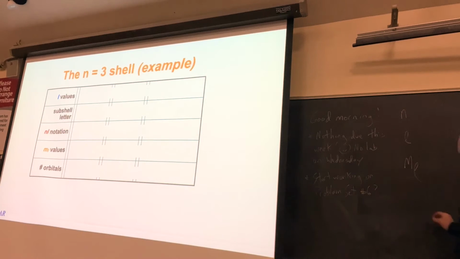One more thing before I forget. The l values have letters associated with them. As we talked about last Monday, l values start at 0 and go up to n minus 1. The letters that correspond go s, p, d, f, g, h, i, etc. We'll talk about those later too.